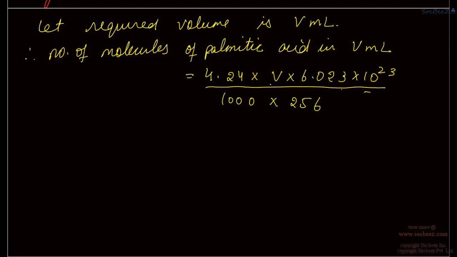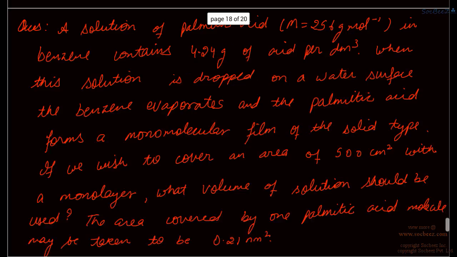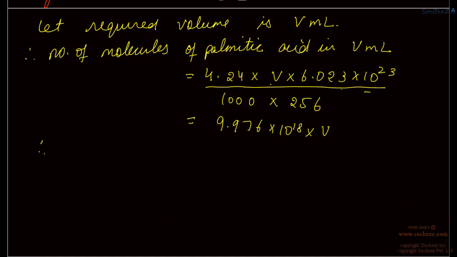So the total number of molecules comes out to be 9.976 into 10 raised to the power 18 into V. Now the area covered by one molecule is 0.21 nanometer square.